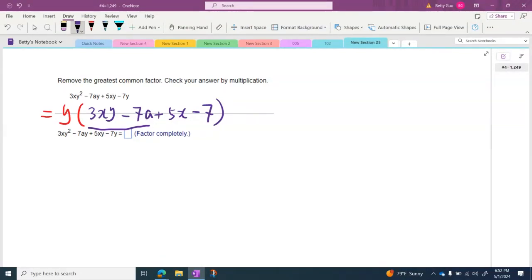It's not going to work. When you group and factor out the GCF, they will not have the same binomial factor. It's not going to happen. So if you see something like that, you just leave it like this.